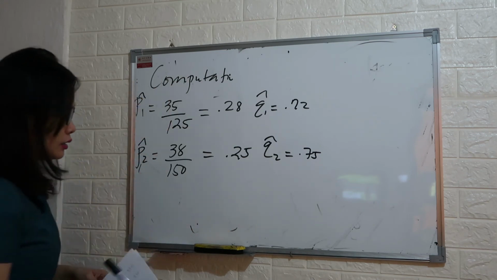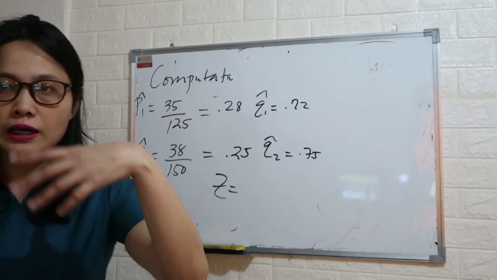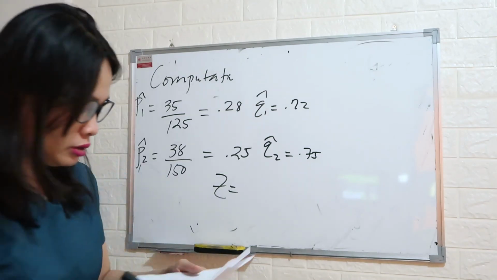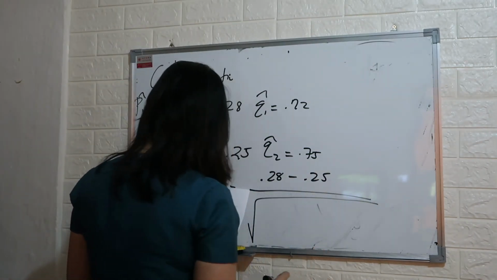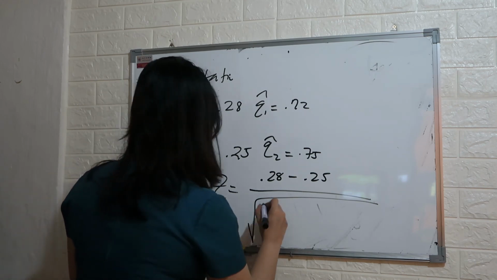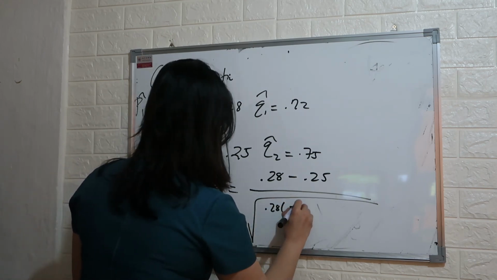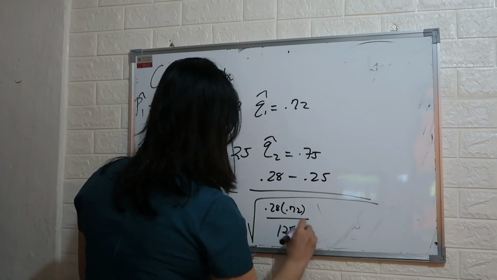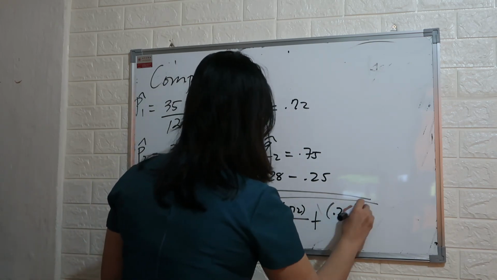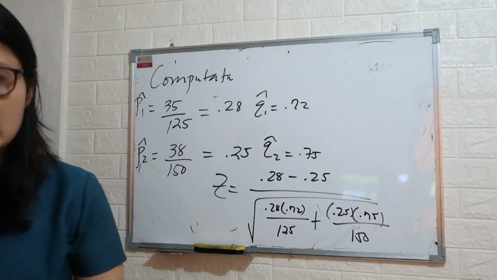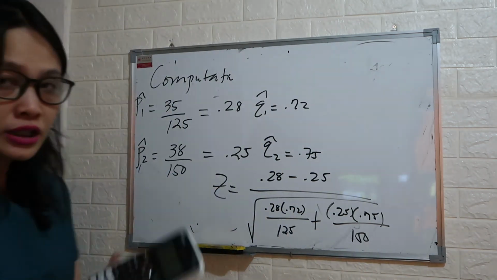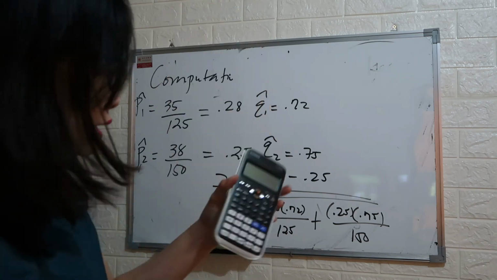Now to solve for the z value, in terms of a population proportion, you have 0.28 minus 0.25 over the square root of 0.28 multiplied by 0.72 over 125 plus 0.25 multiplied by 0.75 over 150. So that will be your z value. Using the calculator, you can input everything.